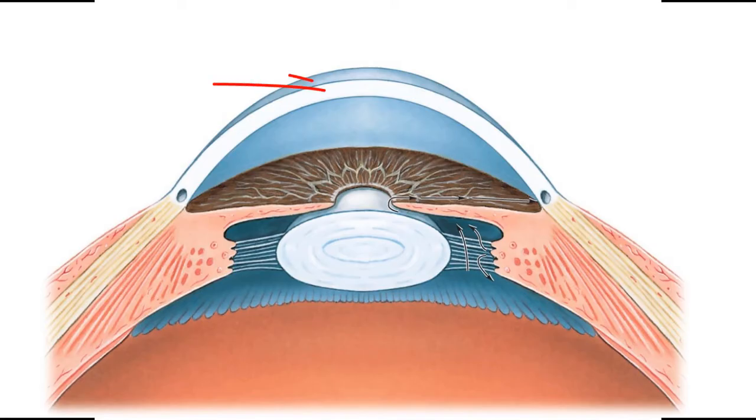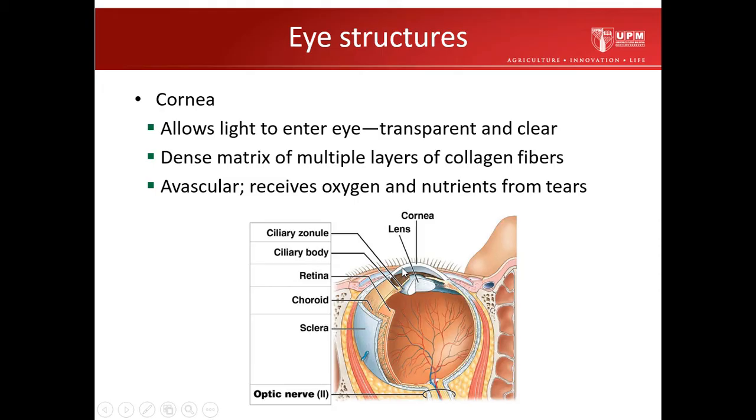The cornea allows light to enter the eye, so its transparency and clarity are very important to eye function. The cornea is avascular, which means it lacks blood vessels. So the superficial epithelial cells of the cornea must obtain oxygen and nutrients from the tears that flow across the free surface.